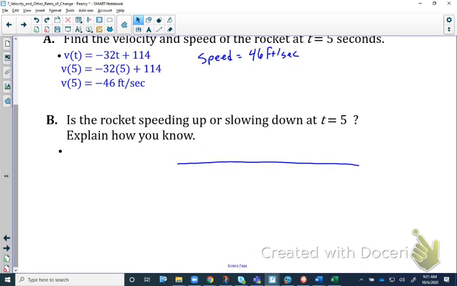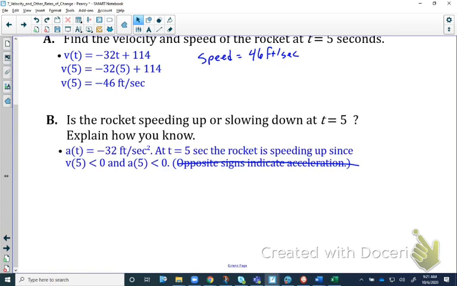Is the rocket speeding up or is it slowing down? So here we need to know the acceleration of the function. The acceleration, the derivative of the velocity function, is going to be negative 32 feet per second squared.